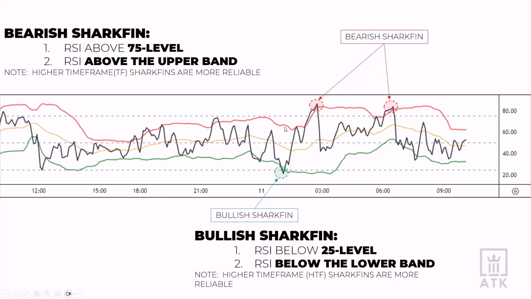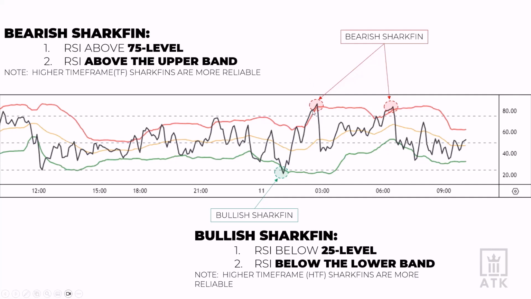When the RSI pushes up above the 75 mark and above the water, or above the top band, we call that a bearish shark fin. The fin is out of water when it's above the 75 and above the upper band. It's a shark fin, it's out of water. That's a signal to us that price is getting ready to fall.